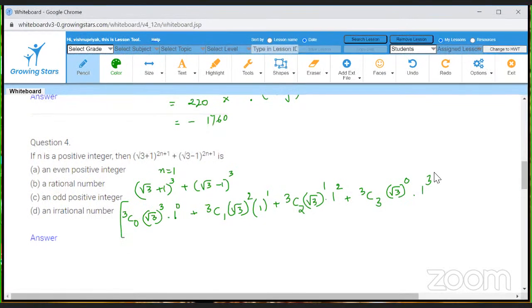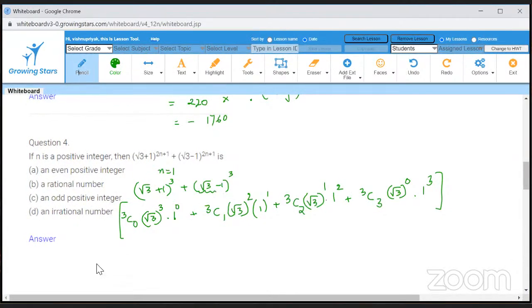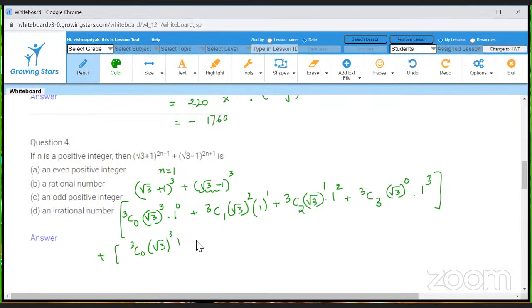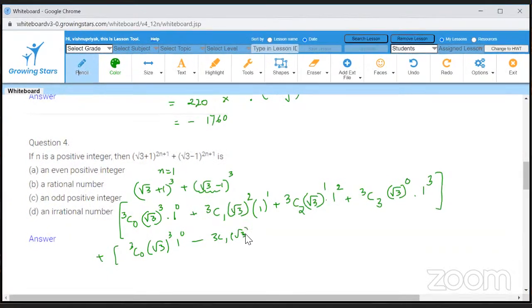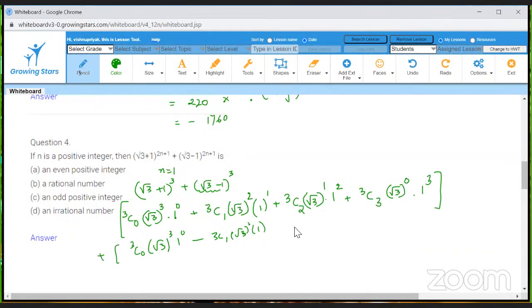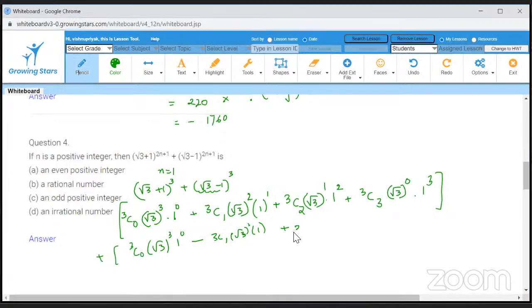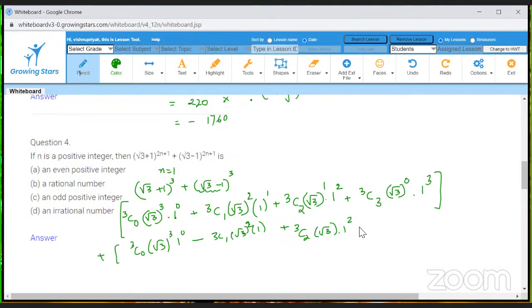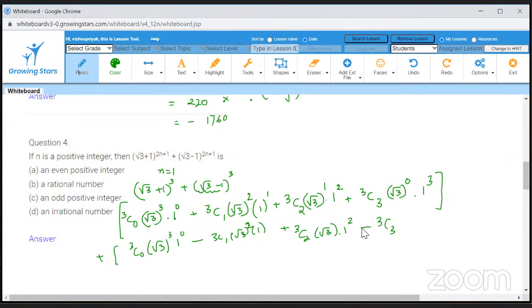Now the same one for root 3 minus 1 also, but the first term will be positive, the next term will be negative, the next will be positive, the next will be negative.